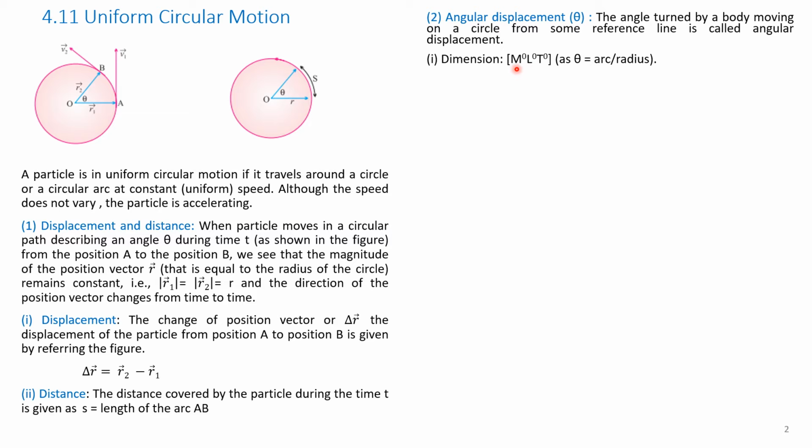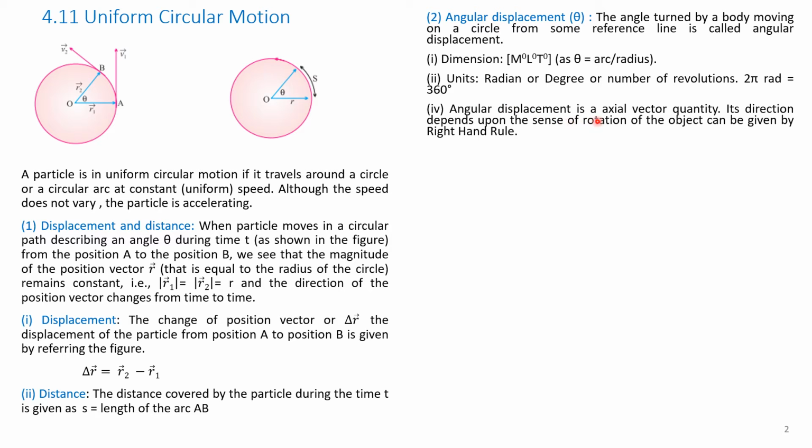Please note here all are zeros, as theta is equal to arc of a circle divided by radius, so the term L also is 0. Units of angular displacement are radians or degrees, or sometimes it is also given as number of revolutions. And in revolution, 2 pi radians is equal to 360 degrees.